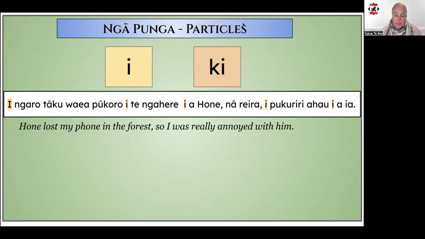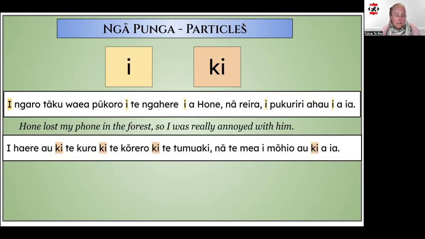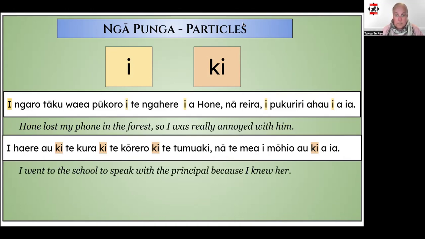Let's look at some different ways to use the punga ki now. Here's another sentence example. I haere au ki te kura, ki te kōrero, ki te tumuaki, nā te mea, i mōhio au ki a ia. I went to school to speak with the principal because I knew her.